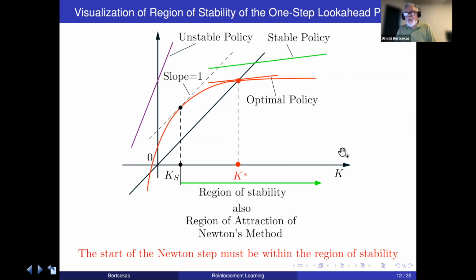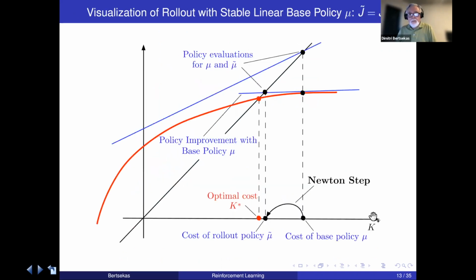And it manifests itself here with linear quadratic problems. In our course, it's not going to be so much of a concern. On the other hand, generally speaking, the concern of being in the region of stability will be addressed by multi-step look ahead in the next few slides. Okay, thank you.